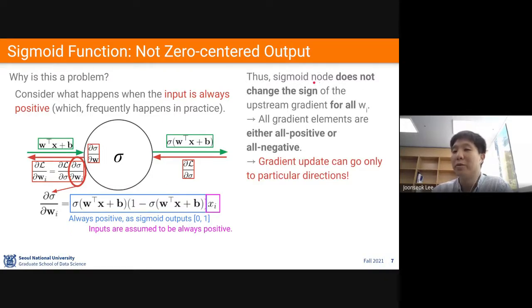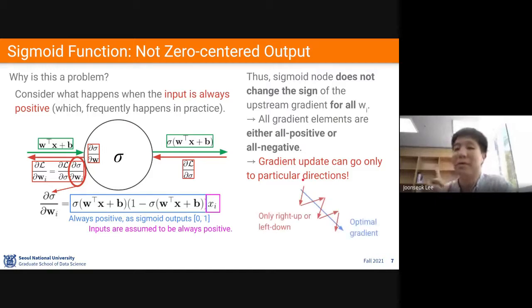The sigmoid node does not change the sign of the upstream gradients for all wi, not just one. Because this is a vector, we are going to take the partial derivatives with these wi's for all the i's in this vector, but they will be all positive, which means depending on the input, all the gradient elements are either all positive or all negative, which means the gradient updates can go only in particular directions.